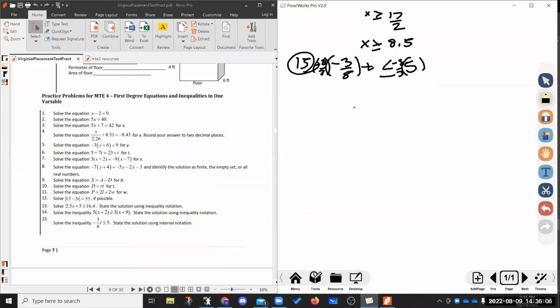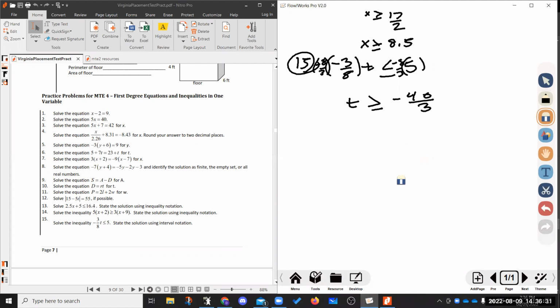When we multiply by a negative, we're going to have to change the direction of the inequality sign. It's -40/3. So T is greater than or equal to -40/3. I'm just going to leave it like that. That is not going to come out with a nice decimal. It's going to be a repeating decimal.